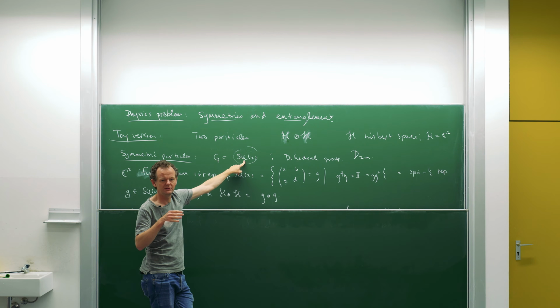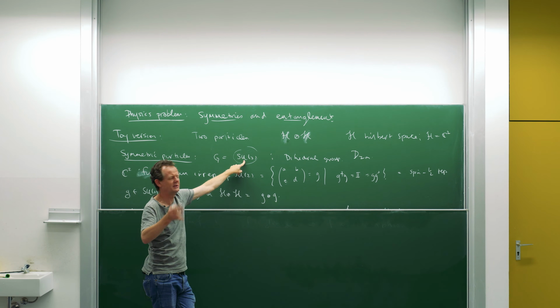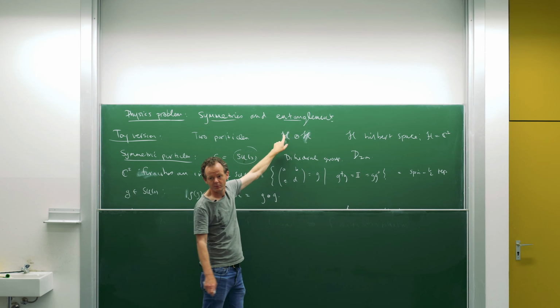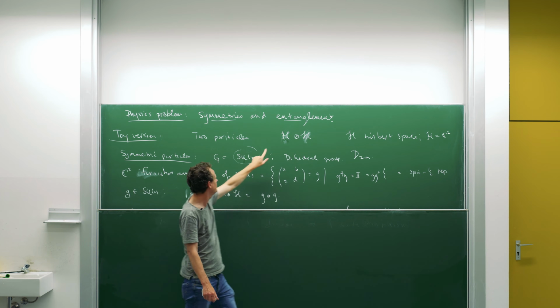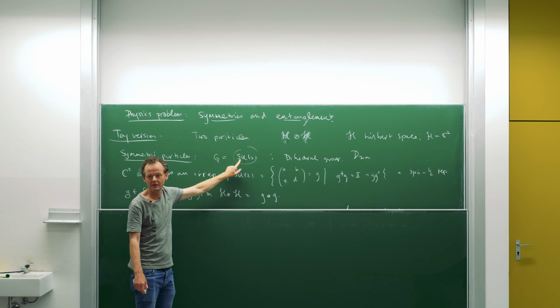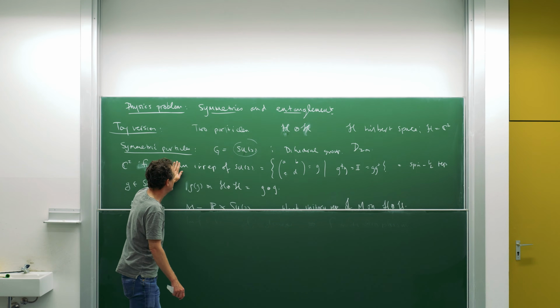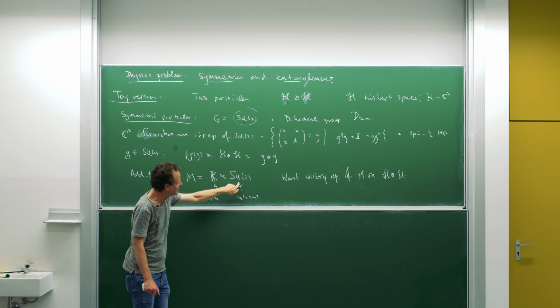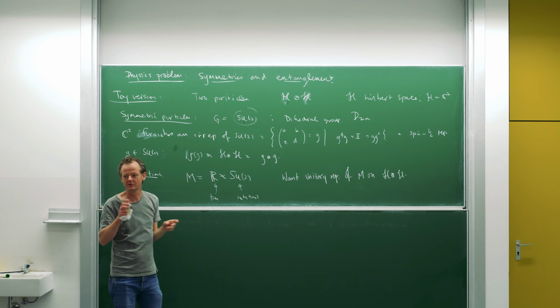SU2 is, roughly speaking, this three-dimensional sphere as a manifold, and the set of all wave functions on the three-dimensional sphere is infinite dimensional. So this irreducible representation of spin 1/2 is extremely different from the regular representation there. And that in turn is extremely different to the regular representation on R cross SU2, which is even more infinite dimensional.